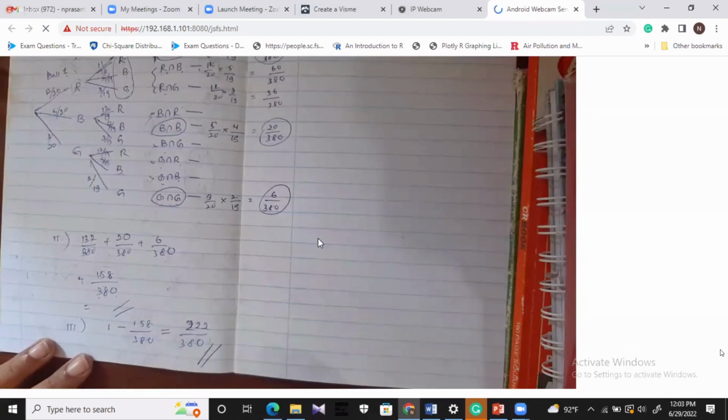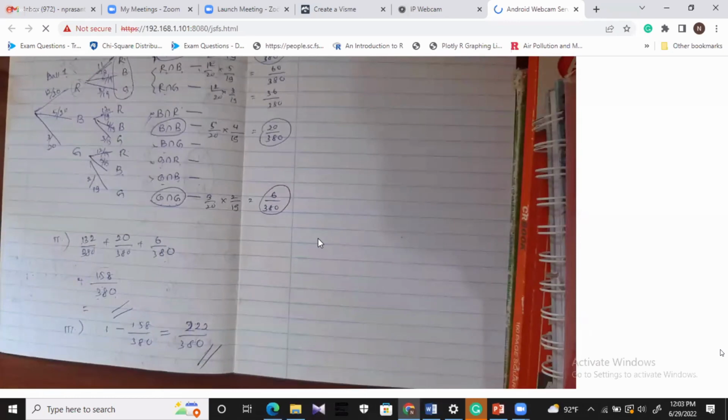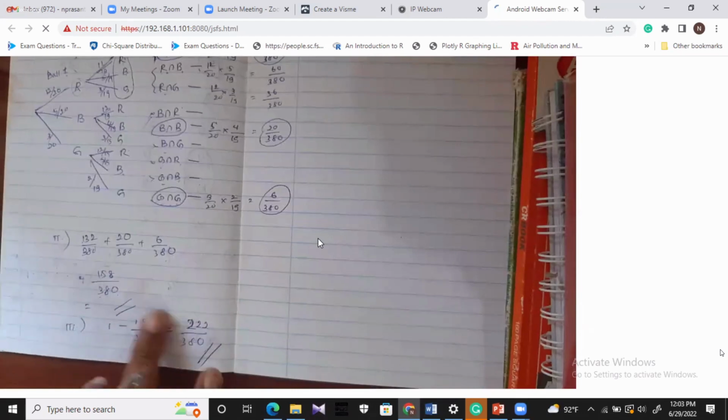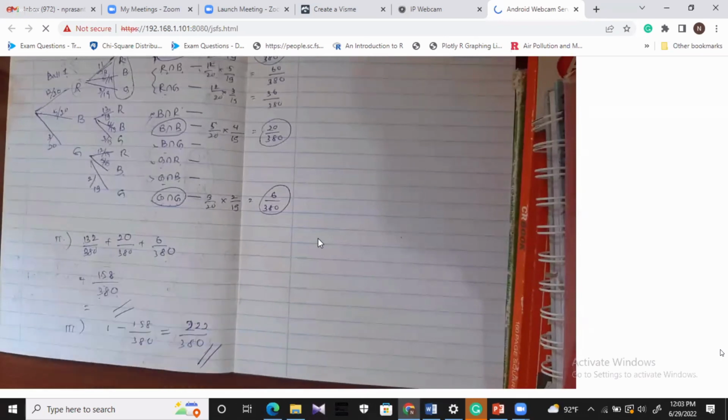Therefore, in the examination, you need to save your time, because within 3 hours you have to answer 6 questions. So it's better to use the second method, subtracting the probability of getting same color balls from the total probability.